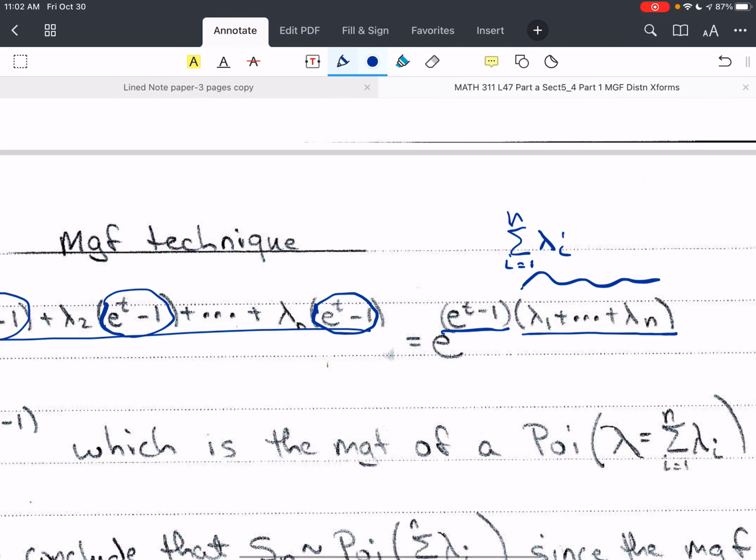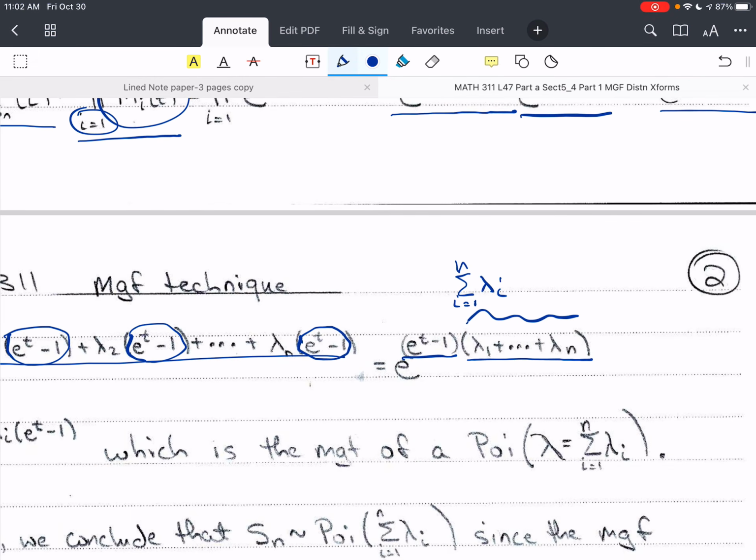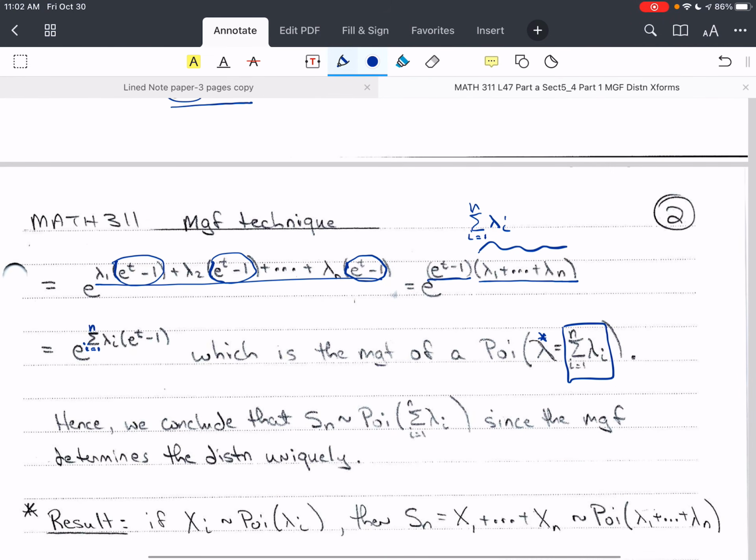And so this is the MGF of a Poisson random variable with, let's call it lambda star, that's equal to the sum of the lambda i's. So S sub n has a Poisson distribution where we've summed up the lambdas of each of the random variables. We've added them together. Okay?